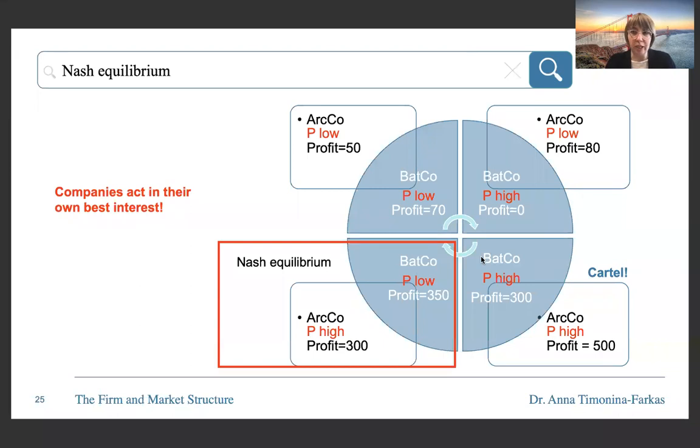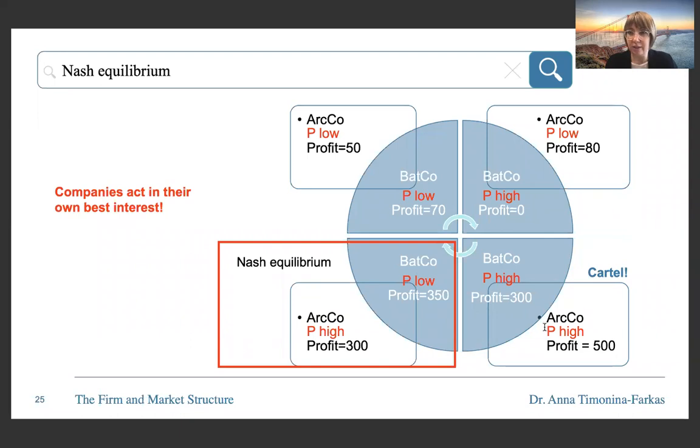In the Nash equilibrium, it is assumed that companies act in their own best interest rather than acting in the interest of the market. Indeed, if you look closely at this chart, which shows price strategies and profits which each company, Arco or Batco, will obtain using these pricing strategies, you will see that if they made the decision jointly, the highest profit would be 300 plus 500 when they both charge the highest price.